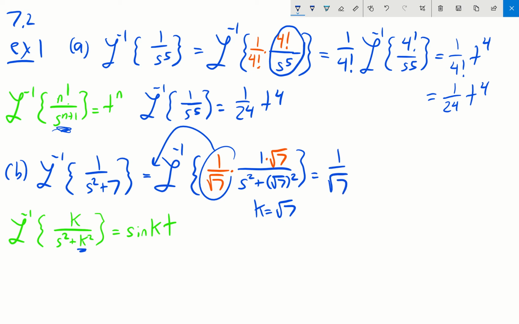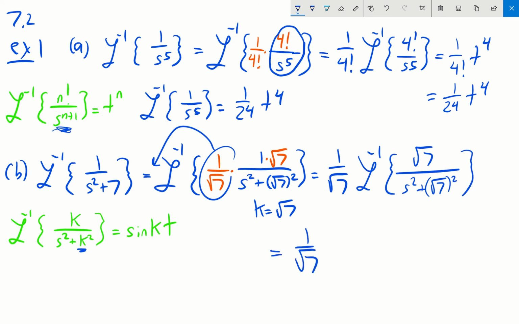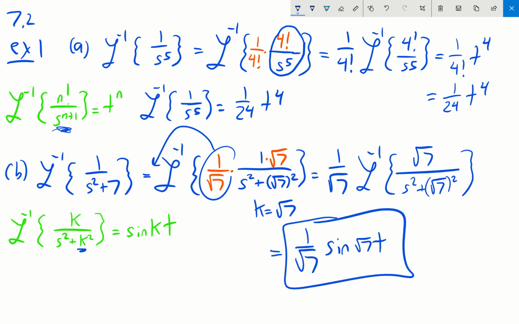We have 1 over the square root of 7, the inverse Laplace transform of the square root of 7 divided by s squared plus the square root of 7 squared, which is going to be 1 over the square root of 7 times the sine of kt. Remember, k is the square root of 7. This is the sine of square root of 7 t. So that's what we get for part B.